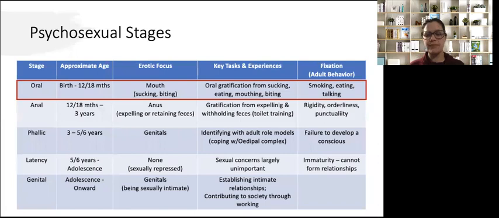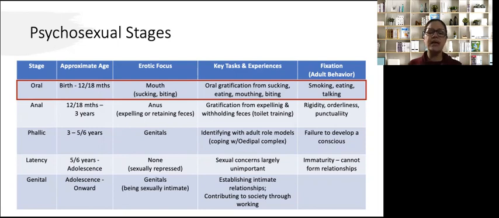Okay. So Freud also presents a theory showing how personality develops throughout our life. And he suggests that personality develops through a series of five stages that he calls the psychosexual stages. And you've probably heard of some of these before, even if you've never taken a psychology class. In each of these stages, Freud is arguing that children encounter conflicts between the demands of society and their own sexual urges.